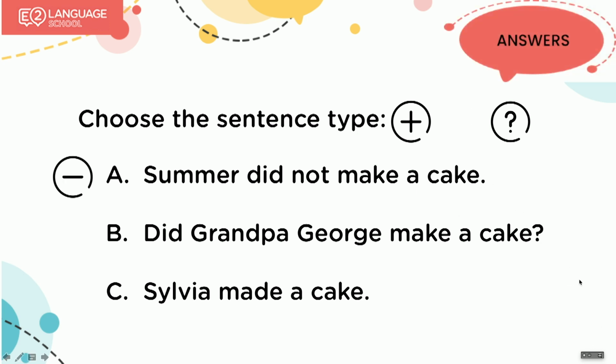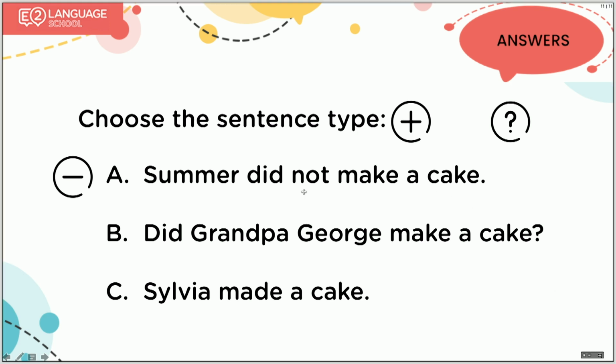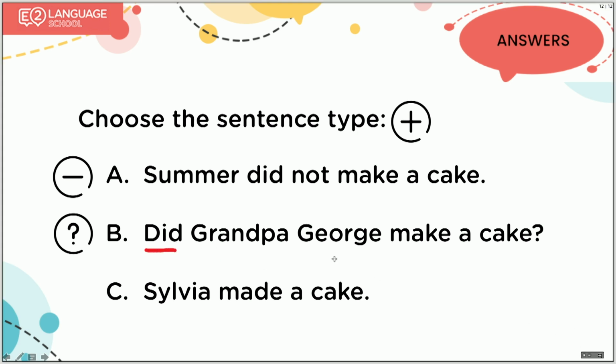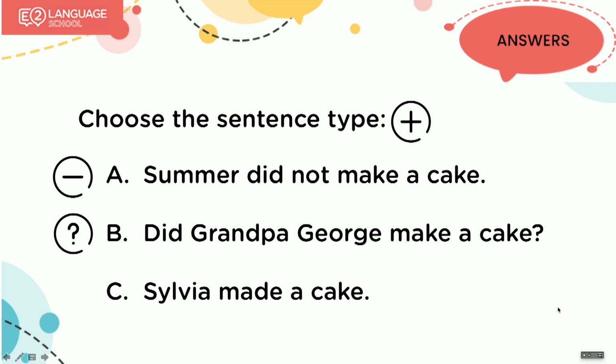So this one is negative because you can see here we have not, right? This one here is a question because we have the did verb at the beginning and we have the question mark at the end. And this one is the positive or normal sentence type.